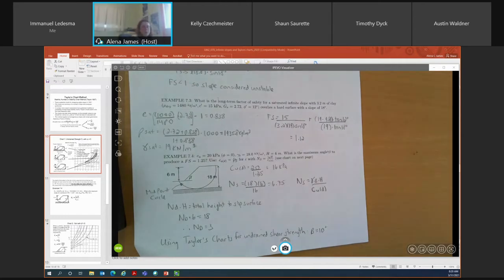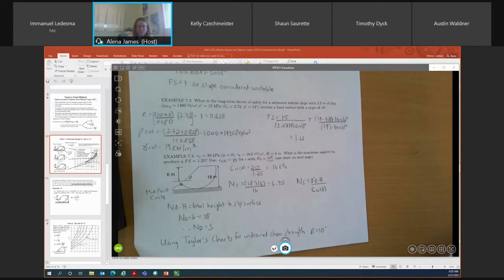You can see from this example problem that it's a midpoint or circular failure. You can see that the failure surface daylights beyond the toe of the slope. So it's a midpoint circular failure. In this example problem, we are provided with an undrained shear strength value of 20 kPa.